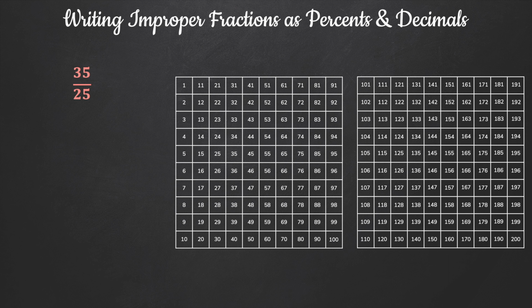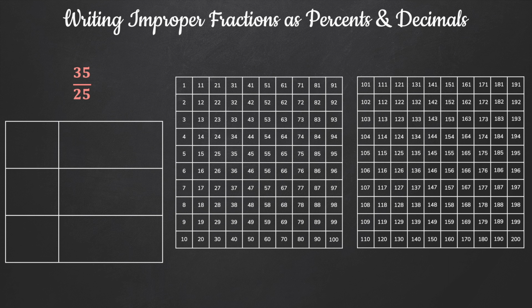Finally, we have our last example, which is 35/25. The first thing we need to do is find an equivalent fraction to 35/25 that has a denominator of 100. And so we ask ourselves, what can we multiply our denominator 25 by to get 100? And we can multiply 25 by 4 to get 100. But whatever we do to the denominator, we have to do to the numerator as well.